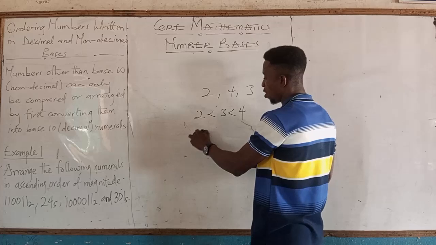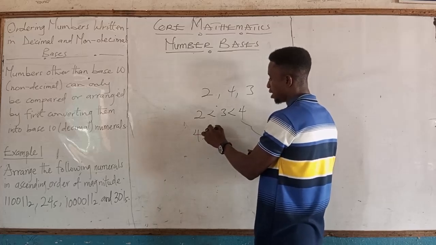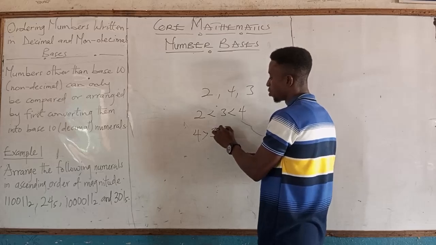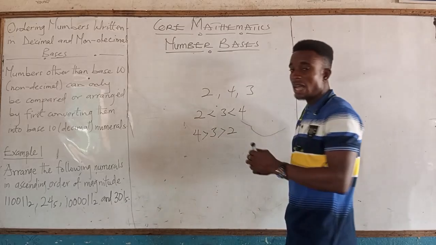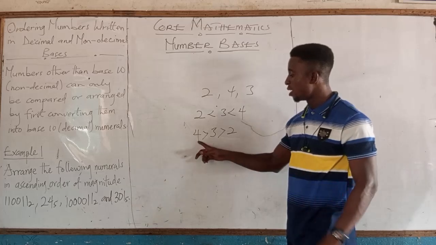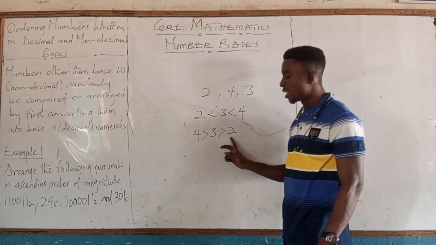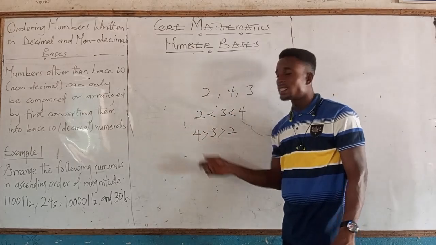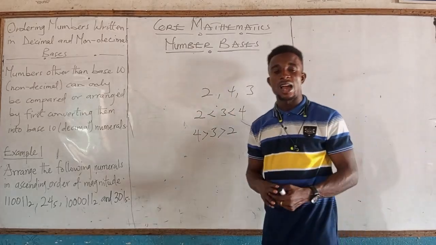Or you can also say 4 is greater than 3, which is also greater than 2. Please, are we getting that? So by so doing, you are comparing. Are we getting that?